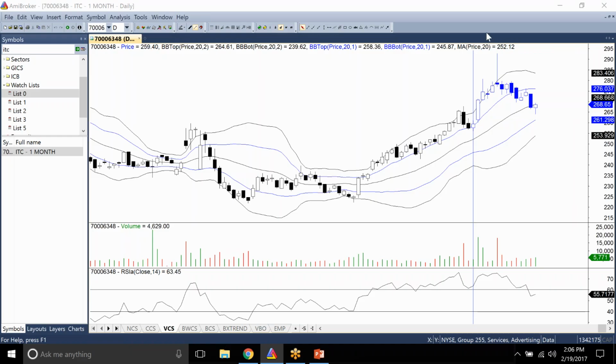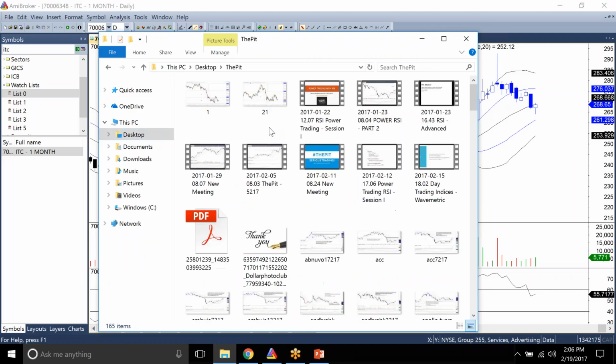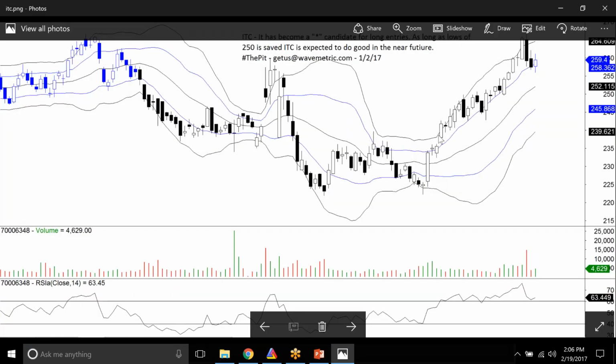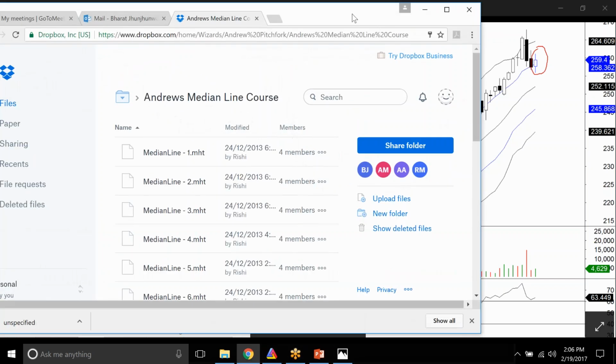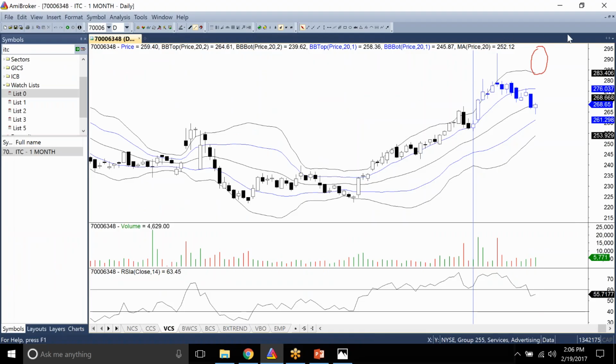And if you were with me in the pit at that time, this was my analysis at this level. You can see on the chart also. This is the level I am talking about.